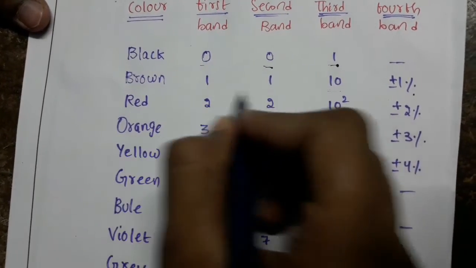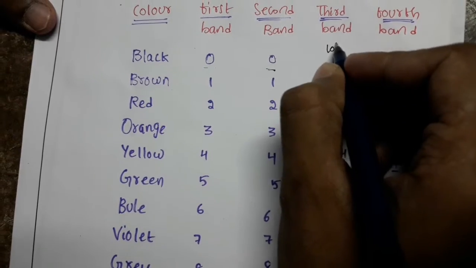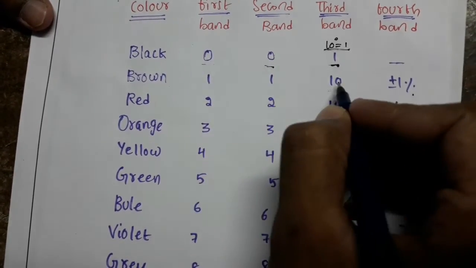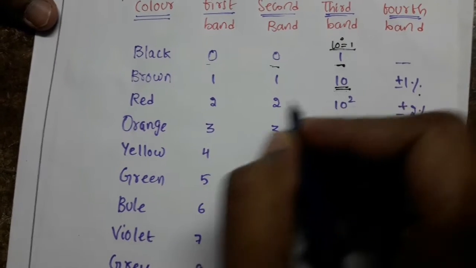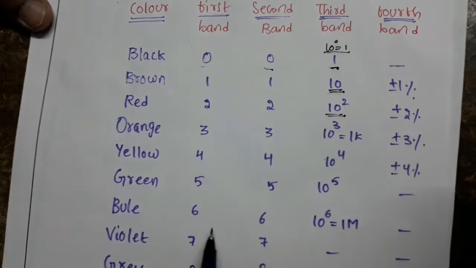For black, this is 10 to the power of 0, so that is equal to 1. This is 10 to the power of 1, so 10. This is 10 squared, 100.